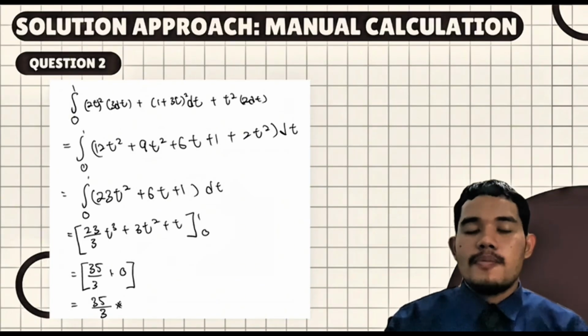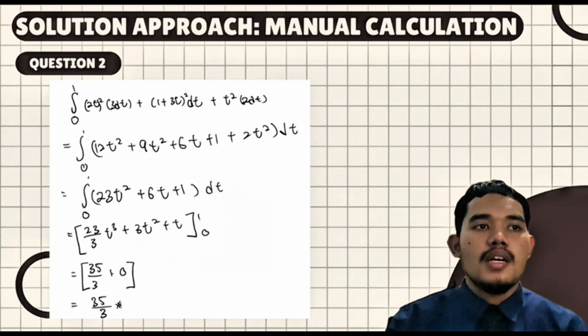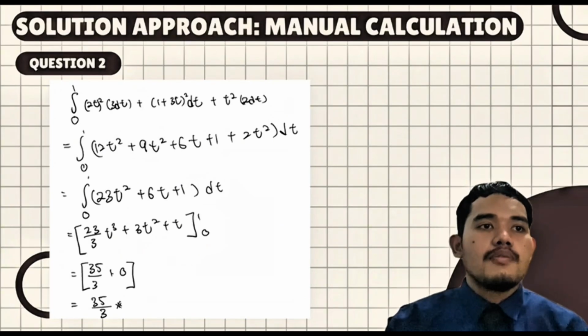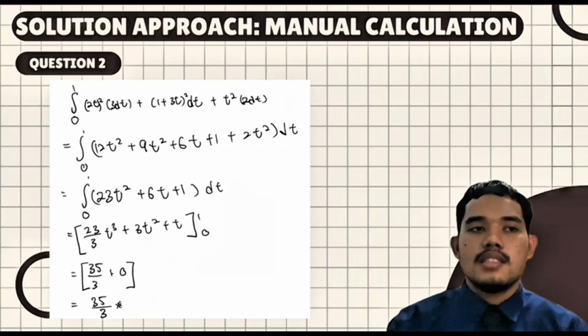After that, we will simplify the integral and we will get the integral of 23t squared plus 6t plus 1 with respect to dt from 0 until 1. After that, we will solve the integral and we will get the final answer, which is 35/3.